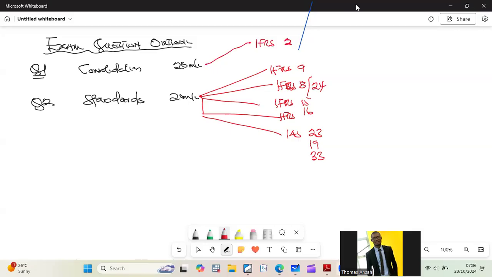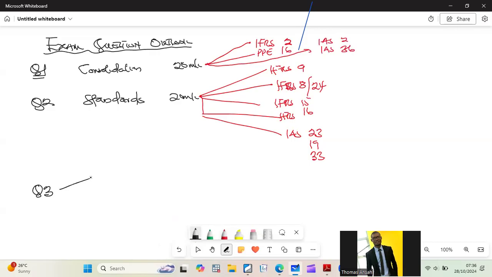It's a usual stuff. PPE, that is IAS 16, IFRS 2, then IAS 2, inventory, IAS 36 to communicate impairment. Now, that is it.